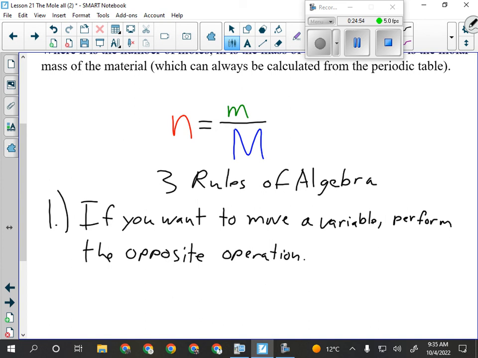And first rule of algebra is that if you want to move something, you do the opposite operation.